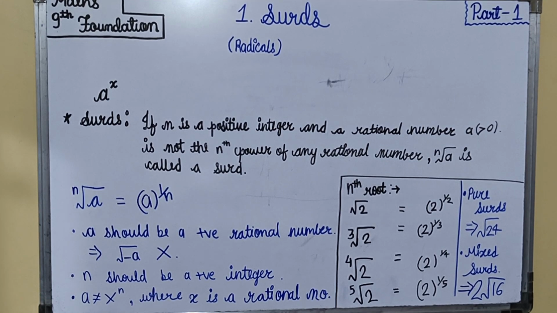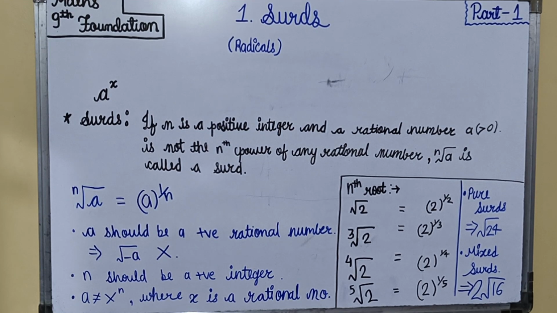Fourth one is, if m and n are positive integers for a positive rational number a, then the m-th root of the nth root of a is equal to the mn-th root of a, like this.